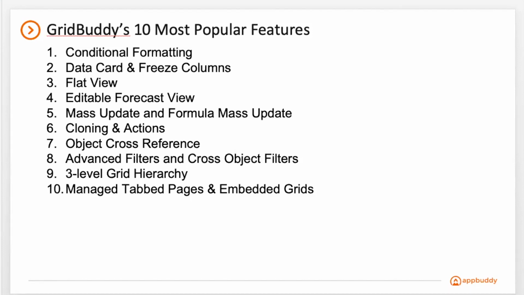It doesn't create new records. But GridBuddy is very flexible in terms of adding extensions or customizations to it. So it is possible to create a customization or an extension that allows you to do something of that nature. But the mass update widget would not do that.